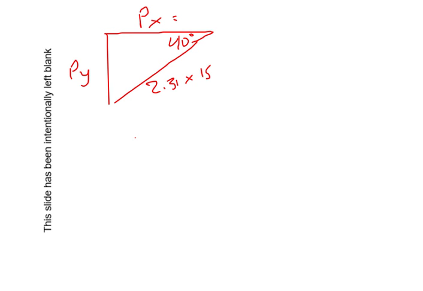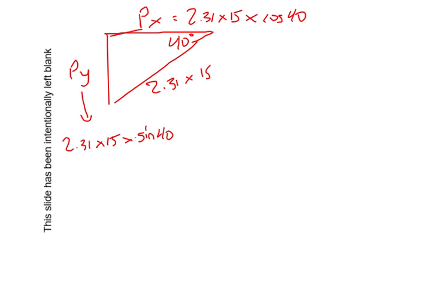So this one right here is going to be 231 by 15 by cosine of 40, because it's going to be the adjacent side. And this one over here is going to be 231 by 15 by sine of 40, because it's the opposite.